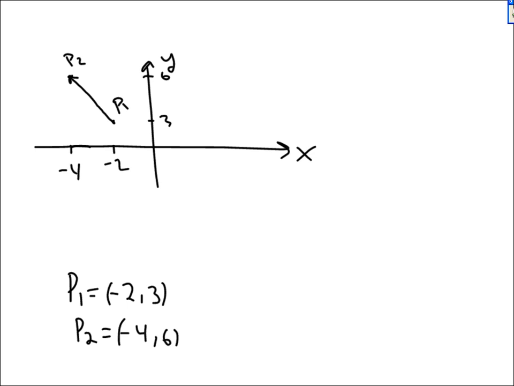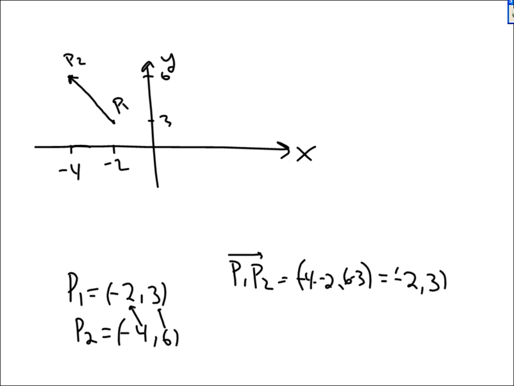So now, the question is, what is P1P2? What is the vector that goes from P1 to P2, in just standard form, x comma y? You do head minus tail. 6 minus 3 on the y, and negative 4 minus the other x value, which is negative 2. And you get negative 2, 3.